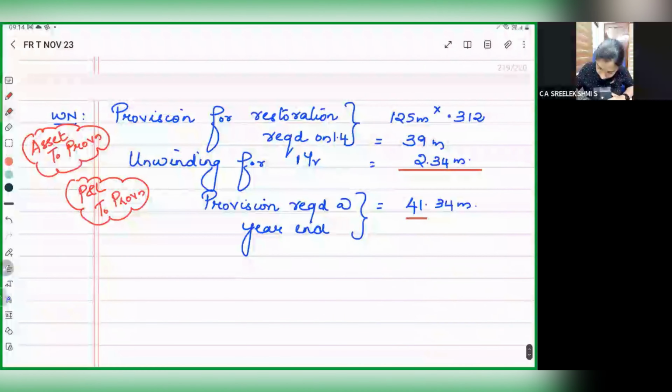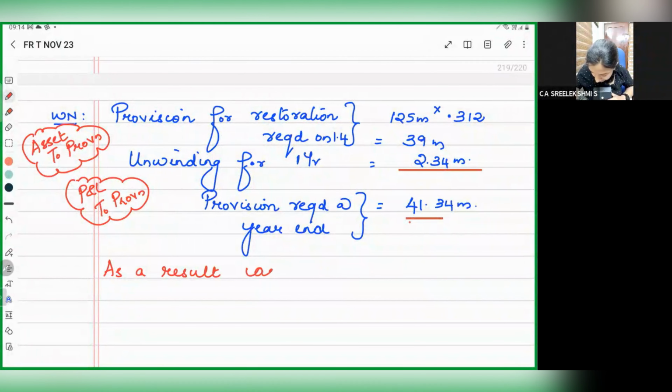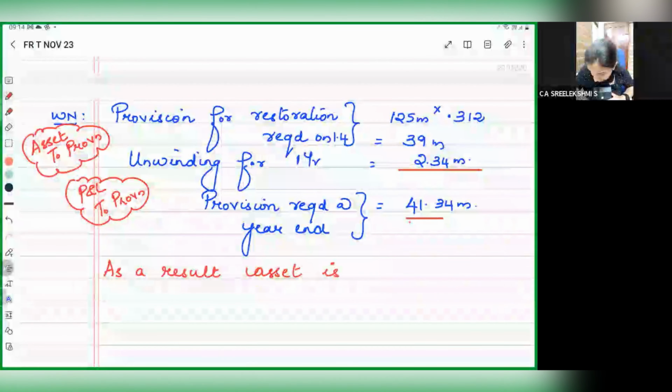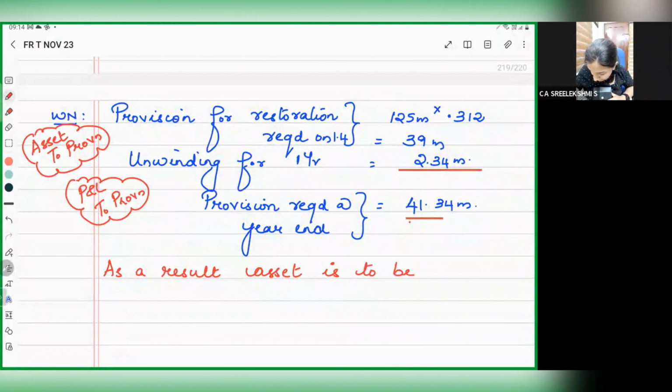Then, as a result, asset is to be additionally depreciated.